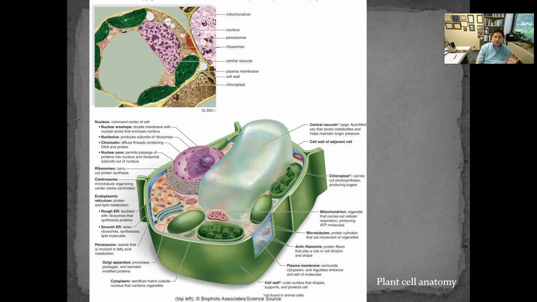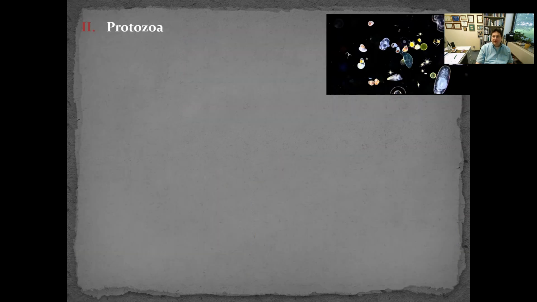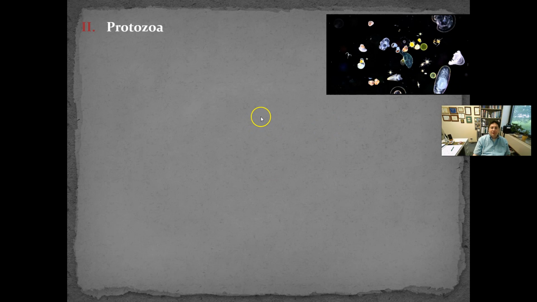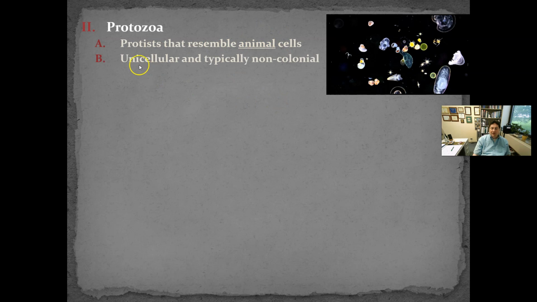The first main group of protists that are relevant to microbiology or disease or infection are protozoans. Protozoa are protists that resemble animal cells. They're single-celled and sometimes colonial, living in small groups, and sometimes not.